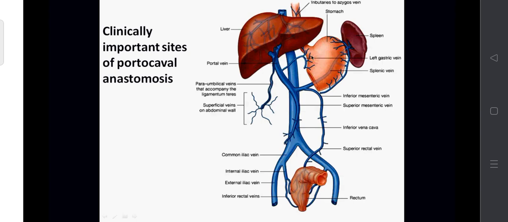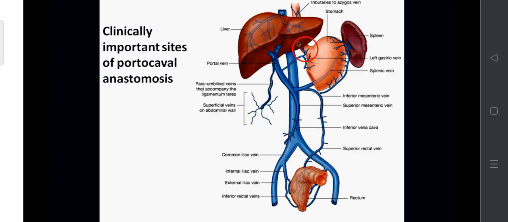Here is the site of anastomosis. Here is the lower end of esophagus. The lower end of esophagus, blood from this end is drained by the esophageal veins into the left gastric vein, and left gastric vein drains this blood into the portal vein, while the upper and middle part of esophagus, which is lying in the thorax, the blood from this part is drained into the azygous vein through hemiazygous vein, and ultimately this blood will go to superior vena cava, which is a systemic vein.